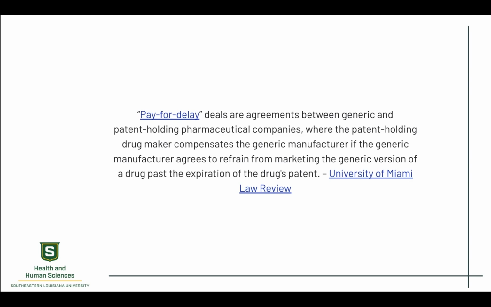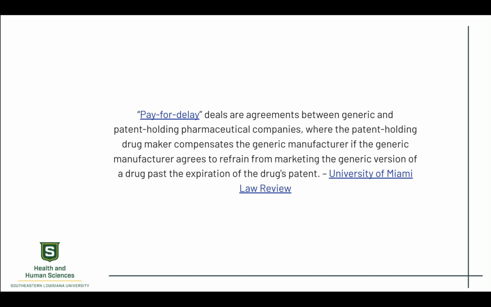What happens with the pay for delay is that you have companies that hold patents to drugs trying to negotiate or come to an agreement with generic manufacturers for them not to market their products, as a way of moving people away from those prescription drugs that are still under patent, because medications that are still under patent cost so much more than generic medications, and they do the same function.